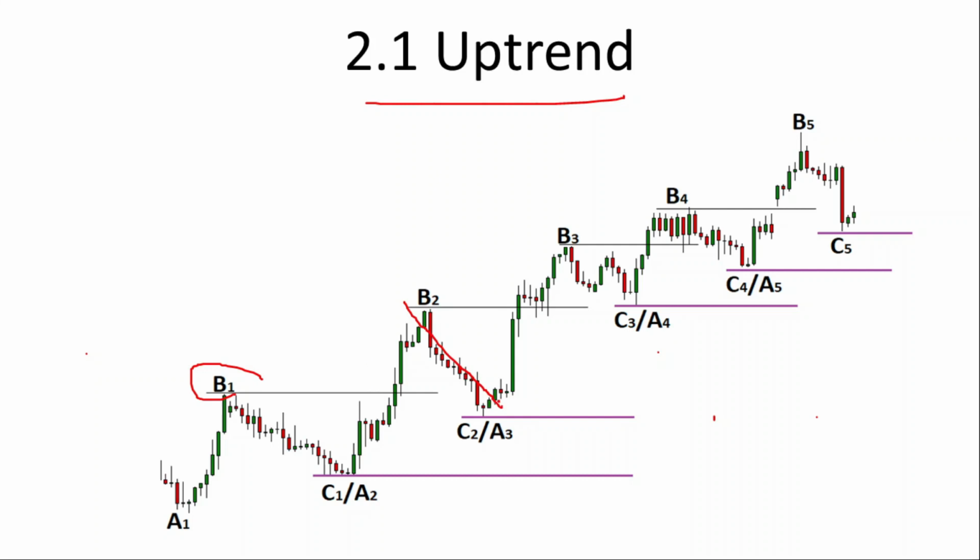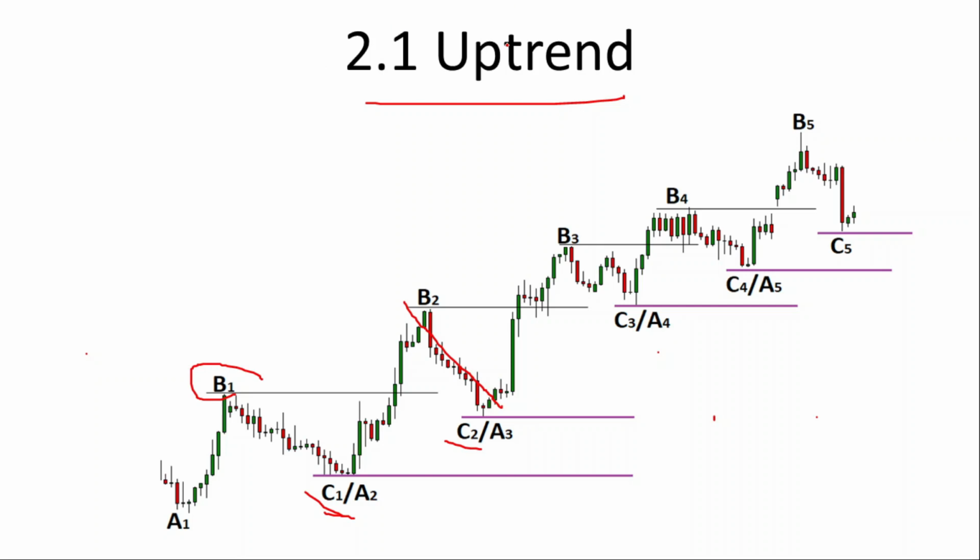But the retracement to C2, you will see that C2 will not go beyond C1. In other words, C2 is not going beyond C1. In other words, the retracement is going to respect the level of support that was set at C1. I'm really trying to explain this very slowly so that you can see what I mean.